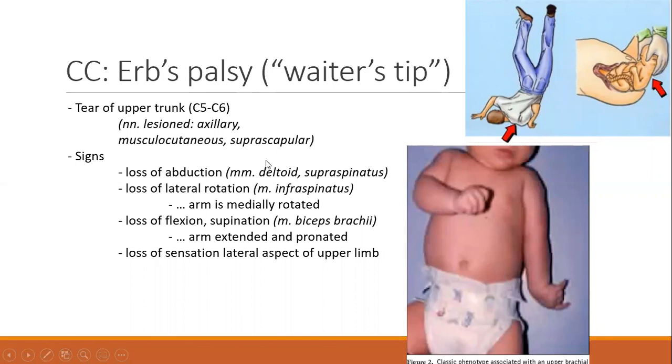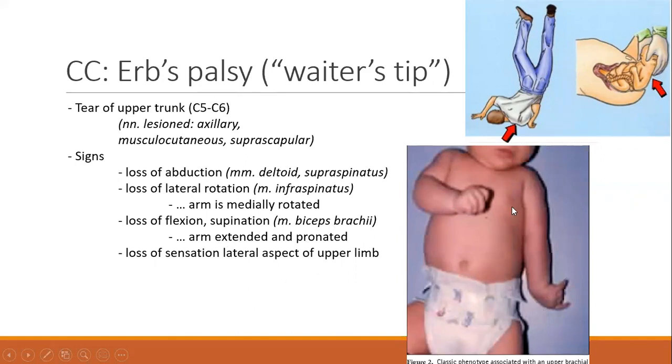So for people with this upper trunk injury, they are adducted, so the arm is towards the body. They are medially rotated, which you can see is turned in. They are extended, so you see how straight that is, and pronated. And then they've lost sensation up here. So this look right here is called waiter's tip.